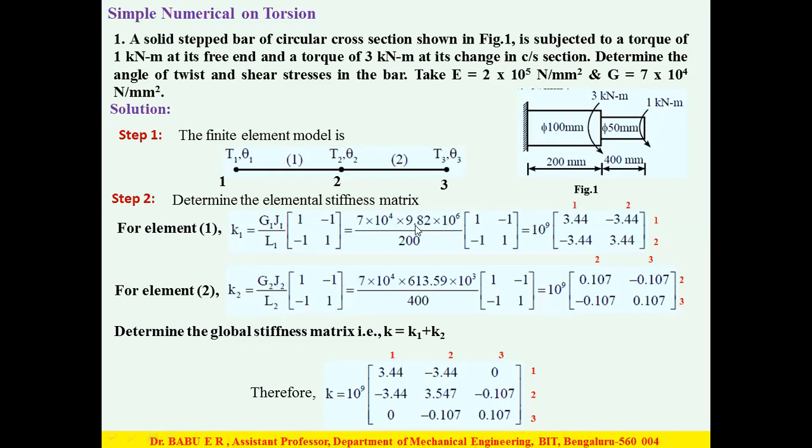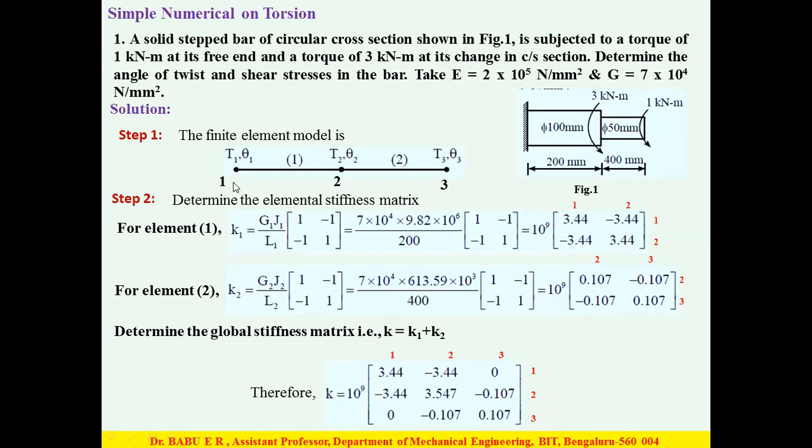We get 9.82 into 10 to the power of 6, divided by the length of the element, 200. If you simplify this, we get 3.44 into 10 to the power of 9. I will keep 10 to the power of 9 outside and send 3.44 inside, so we get 3.44, -3.44, -3.44, 3.44. This is the stiffness matrix for element 1.